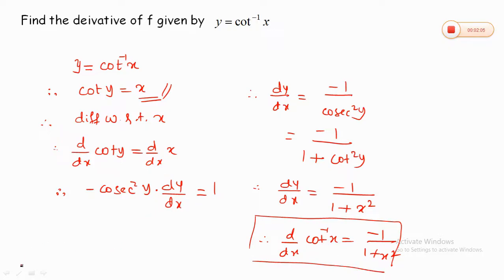So now go for the next problem. Y equal to sec inverse x. So the usual procedure, y equal to sec inverse x. Therefore bring sec to LHS, that becomes sec y equal to x. Now differentiate with respect to x.